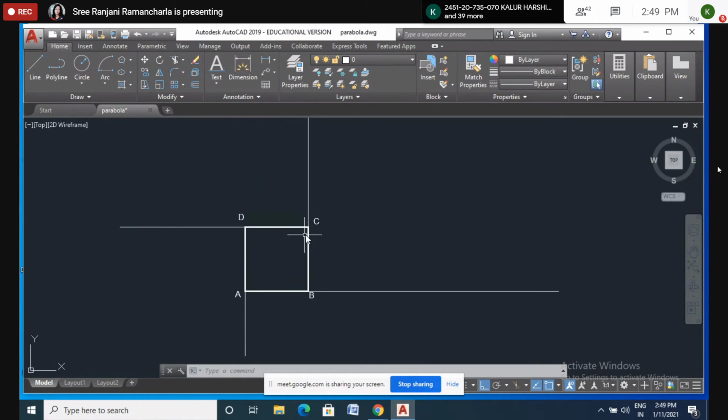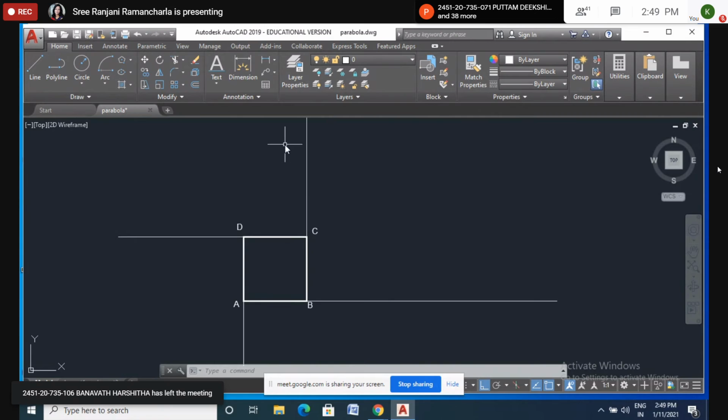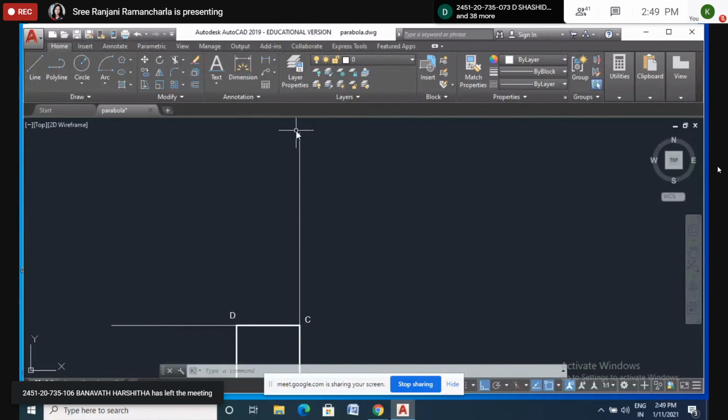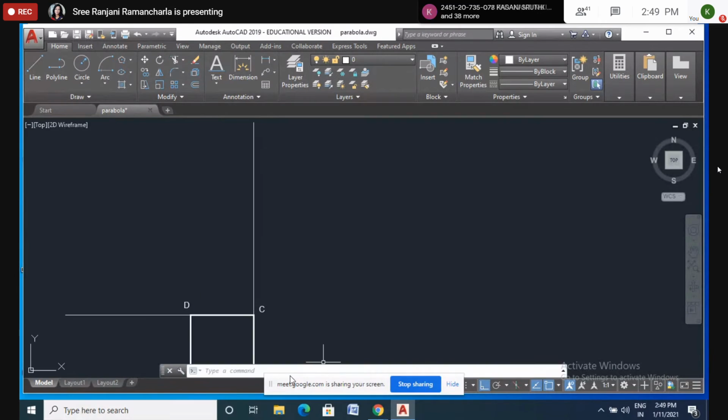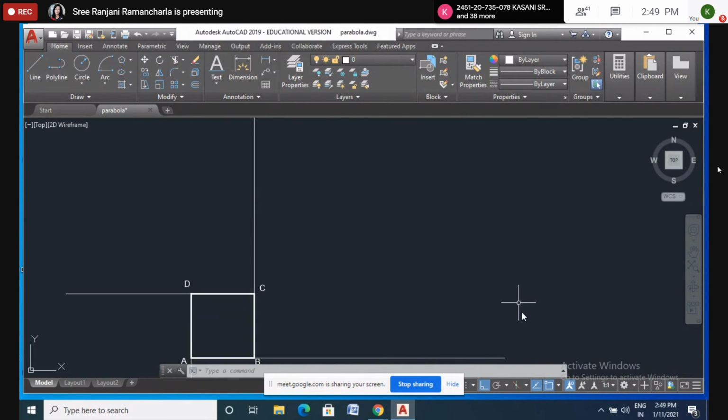Now C as a center, and C to this length as a radius, draw the curve like this. Is it clear? Now similarly, B as a center, and B to this length as a radius, draw the curve like this.